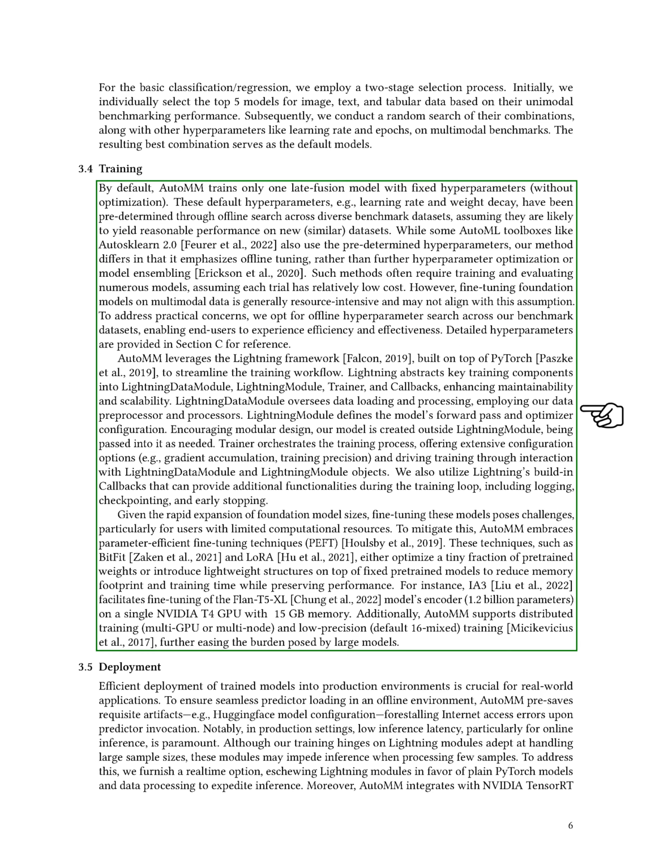For training, AutoMM typically trains a single late fusion model with fixed hyperparameters determined through offline searches on benchmark datasets. Unlike some other AutoML tools, we focus on offline tuning rather than further optimization or model ensembling. This approach saves time and resources, especially considering the resource-intensive nature of fine-tuning foundation models on multimodal data.